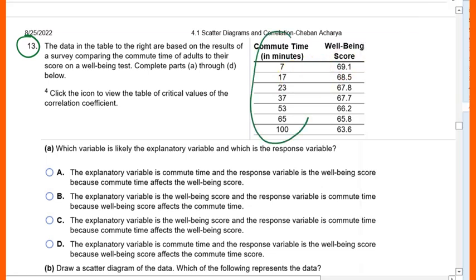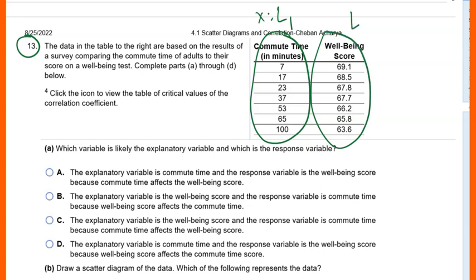Now let's put the data. Note that this data is going to be L1, which is X data, and this is going to be L2, which is Y data. Because commute time here is the explanatory variable and the well-being score is the response variable. You always put the response variable in L2, explanatory variable in L1.